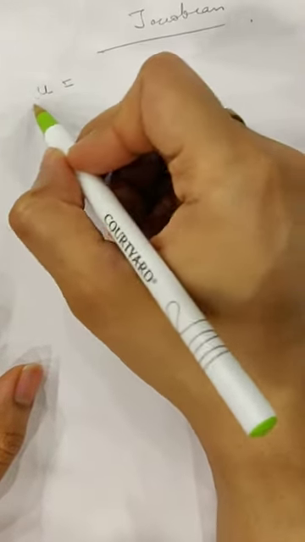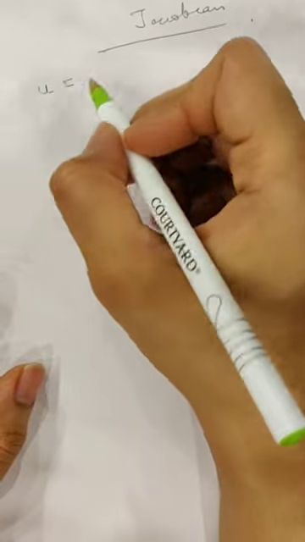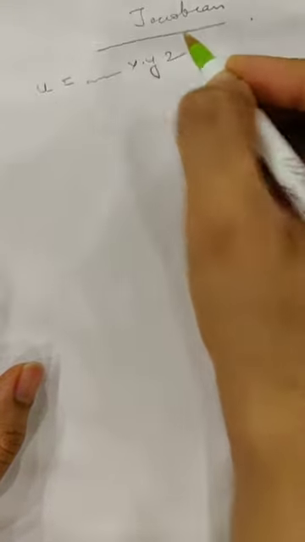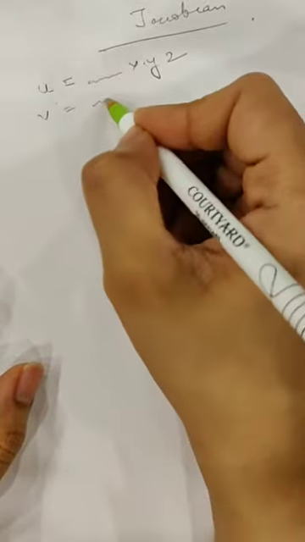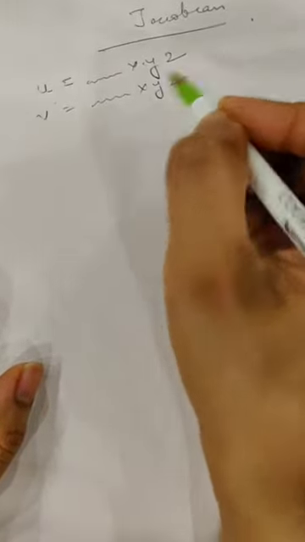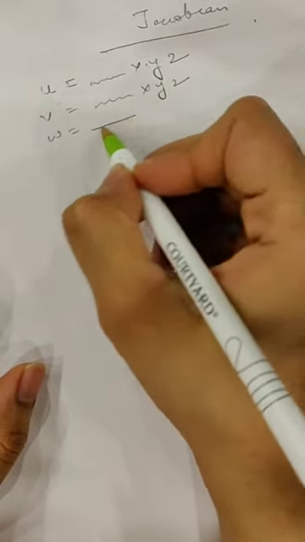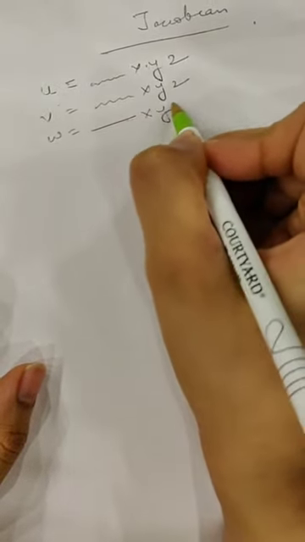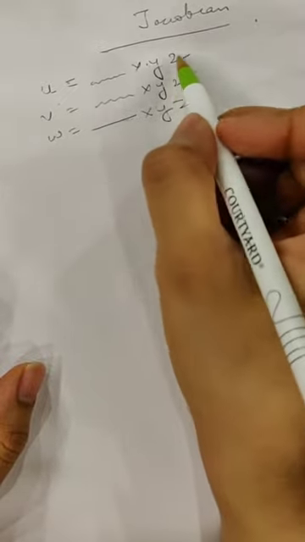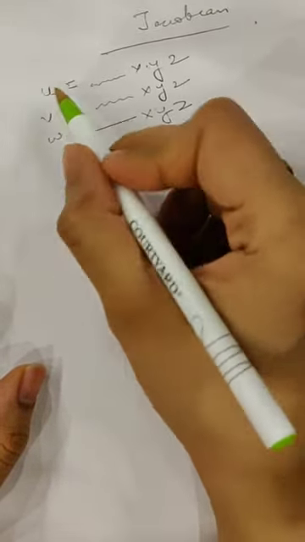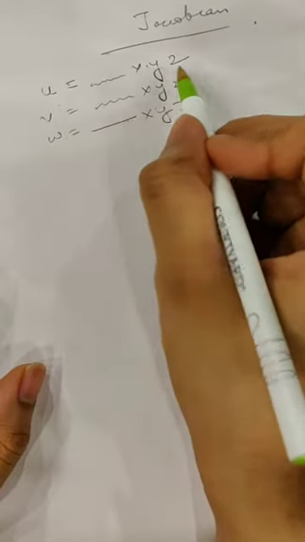For example, you're given a variable u which is some function of x, y and z, a variable v which is again an equation consisting of x, y and z, and a variable w which is again a complex equation consisting of x, y and z. They'll ask you to differentiate u, v and w with respect to x, y and z.